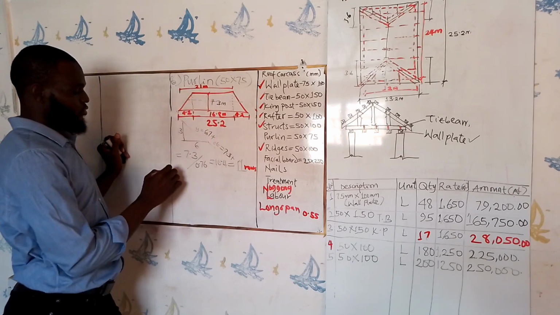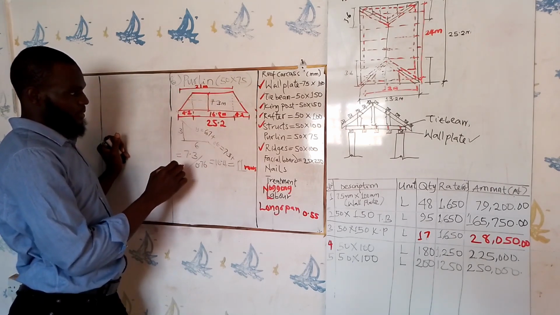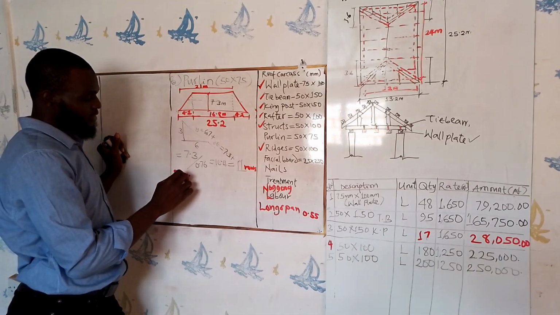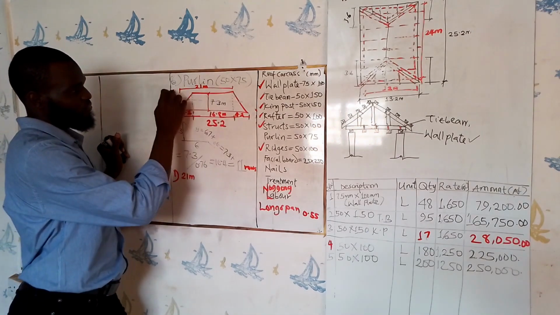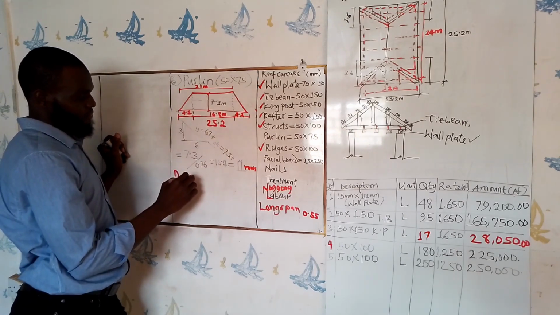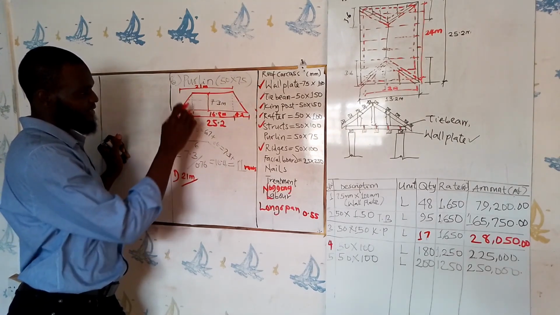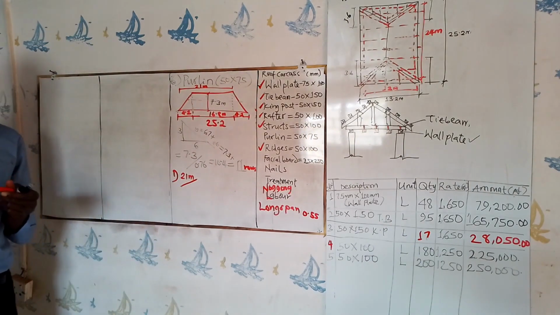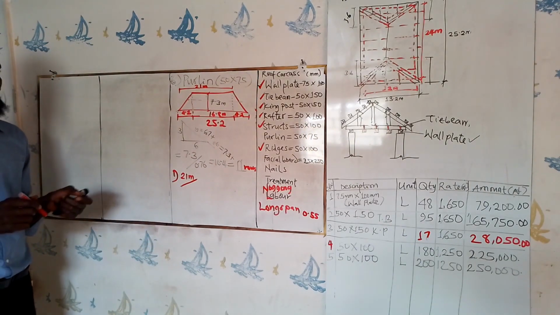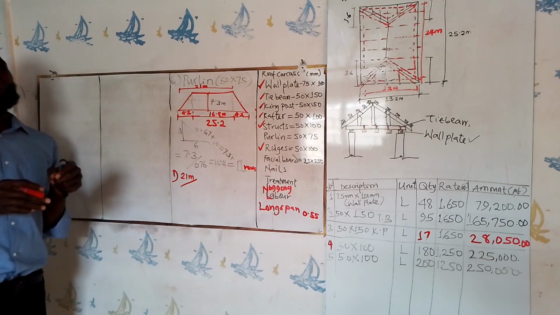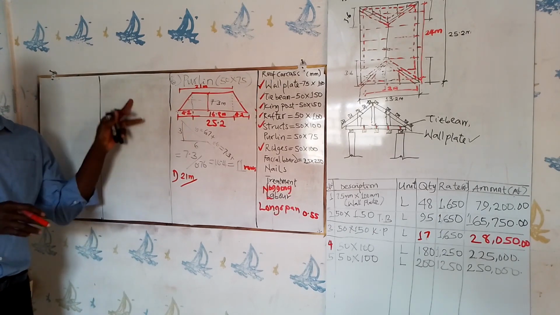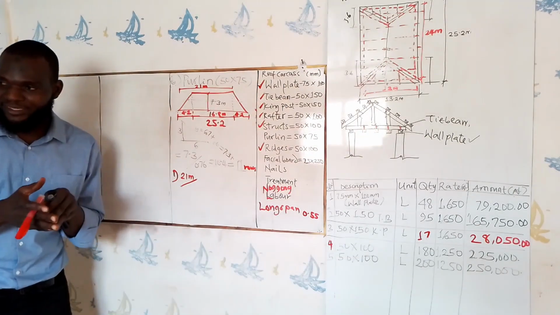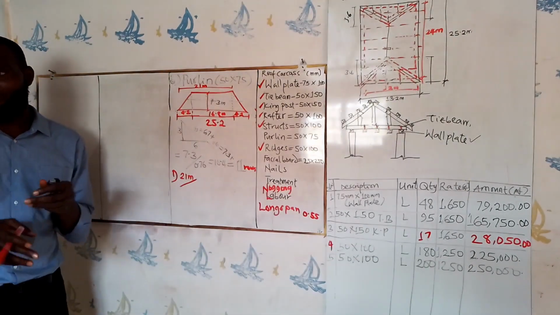So let's use this 21 meters, divided by the length of the purlin now. Now we need to determine our purlin: is it going to terminate on rafters, or wherever they meet, will they put a lap?